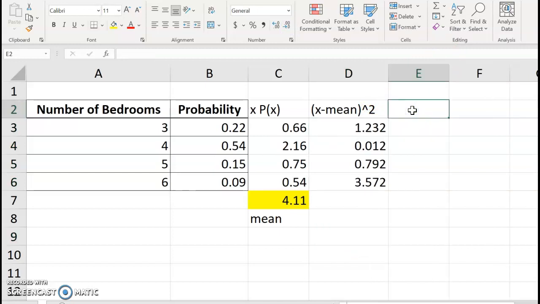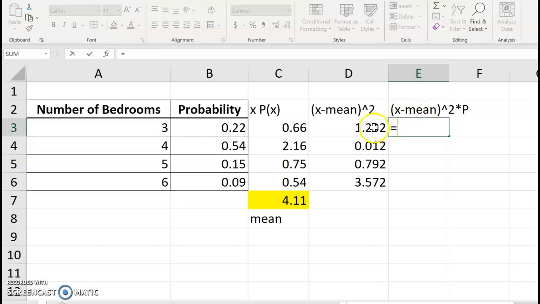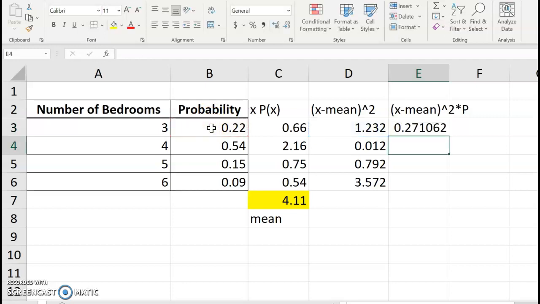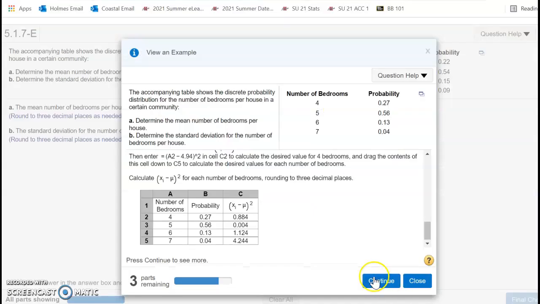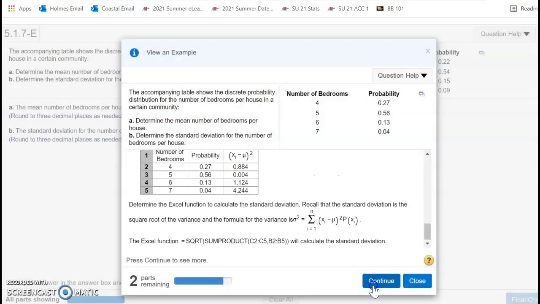So we're doing x minus the mean times p, which means the probability. So we're doing what we just got times the probability. Okay, now we're going to copy that down, and I'm pretty sure that we're going to round to 3 decimal places again.